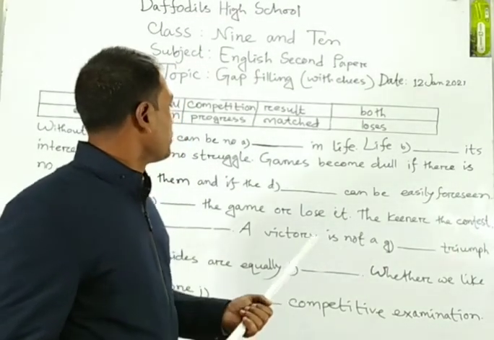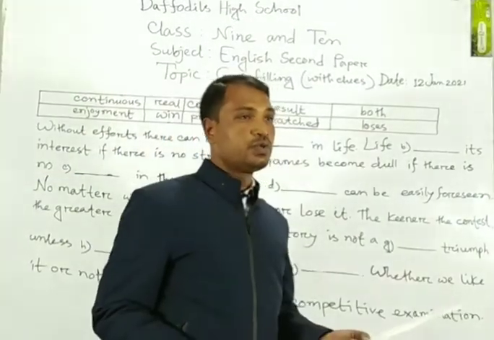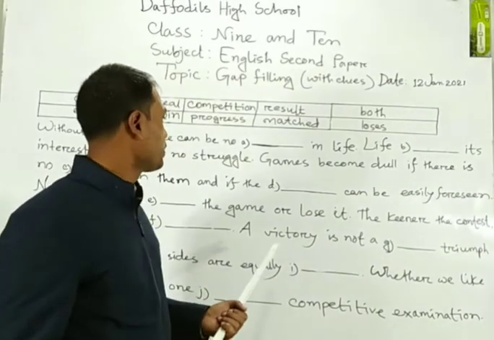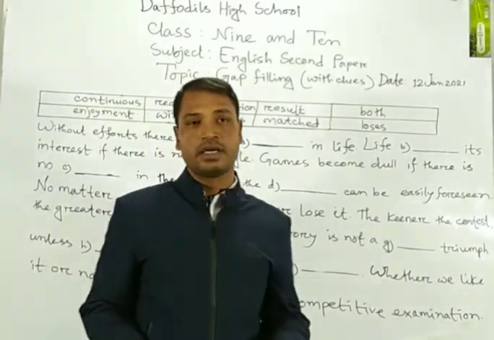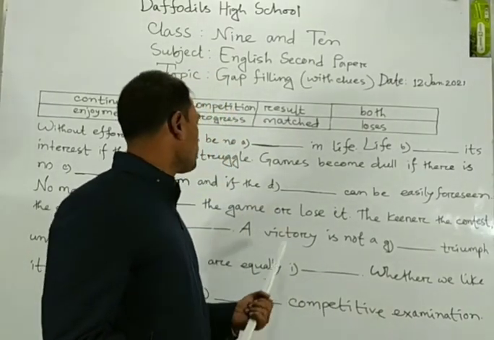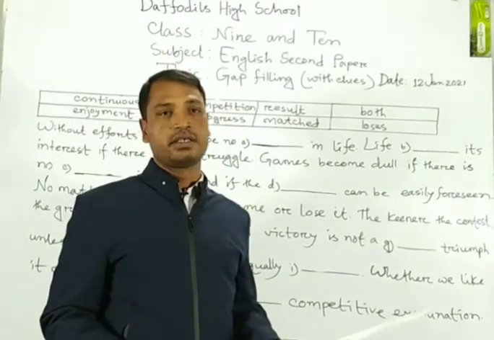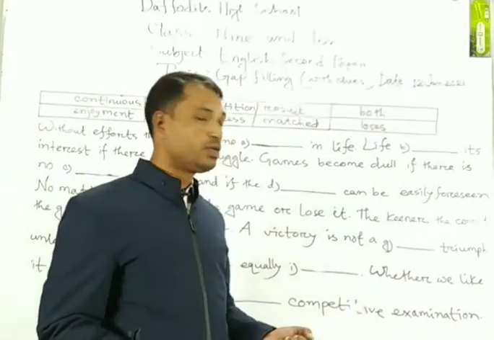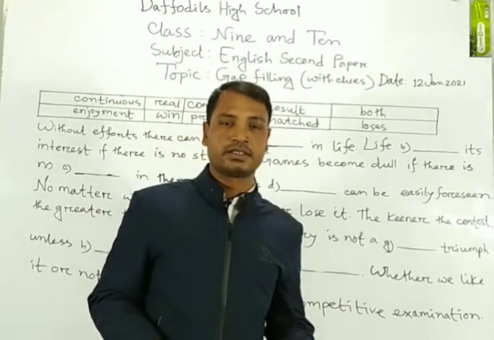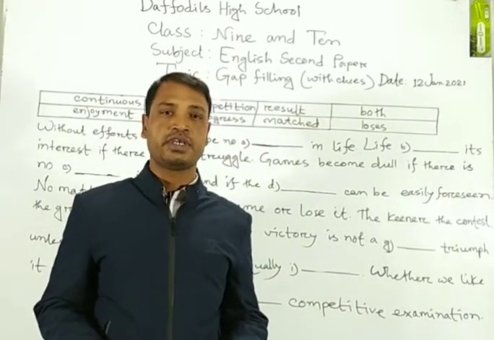Again, you may need to change the form of the words. For example, we can say a verb has been given in the present form, but according to the necessity of this sentence, you may need to transform that verb into the past form. In that case, you must use the past form of that verb.